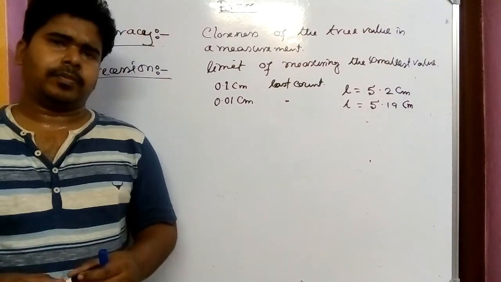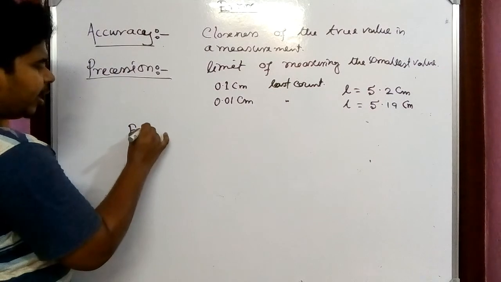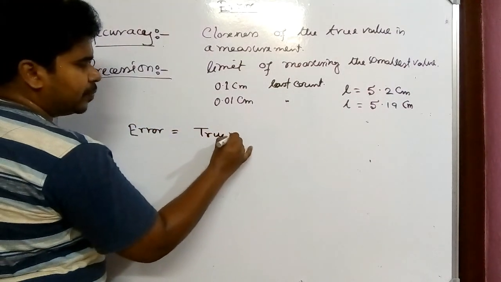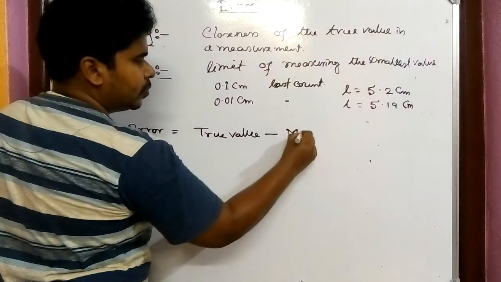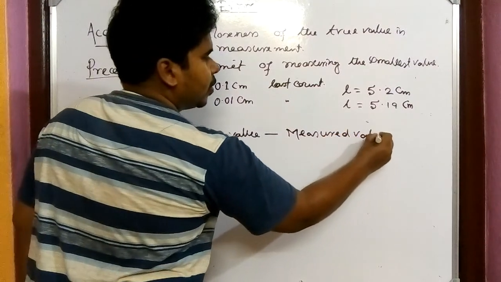What is error? Whenever we are talking about error, it is the difference between the true value and the measured value. That is the error.